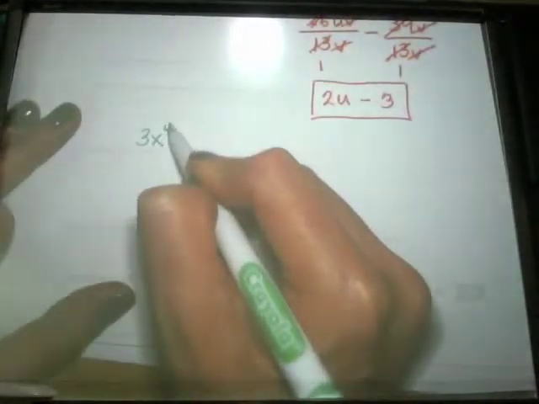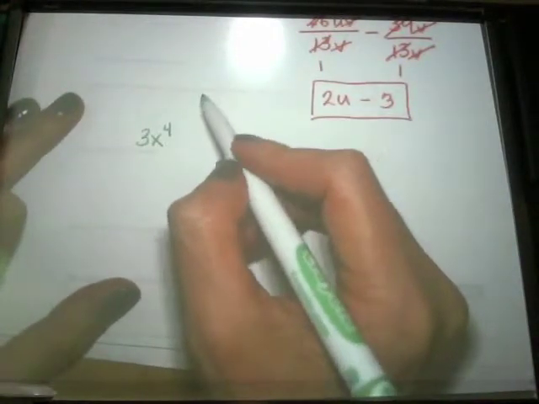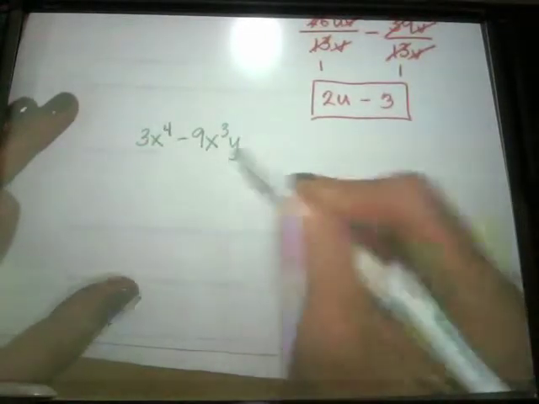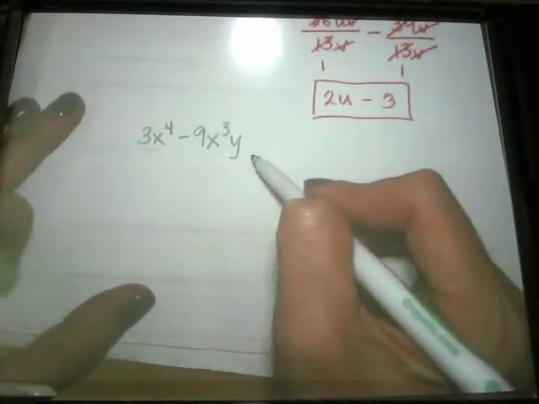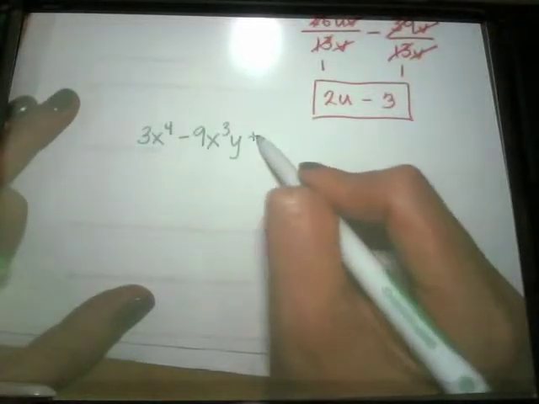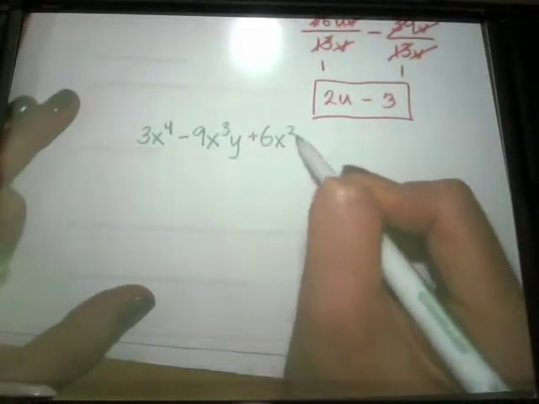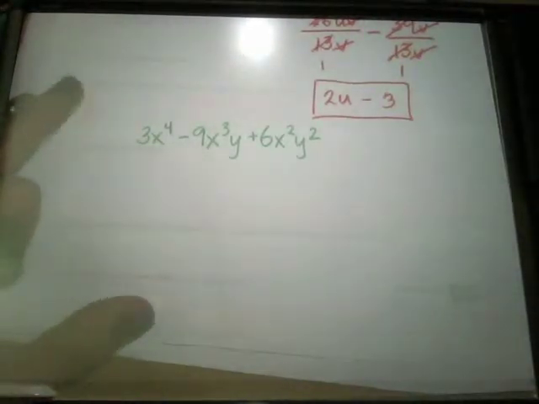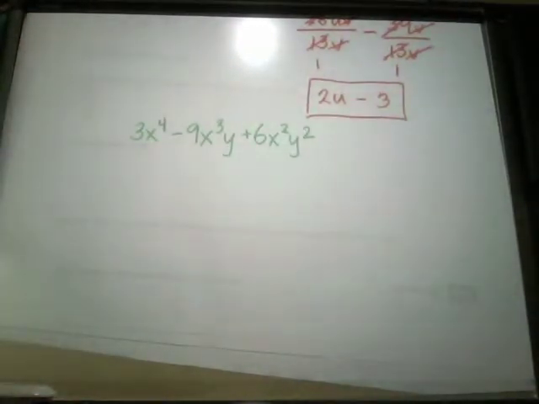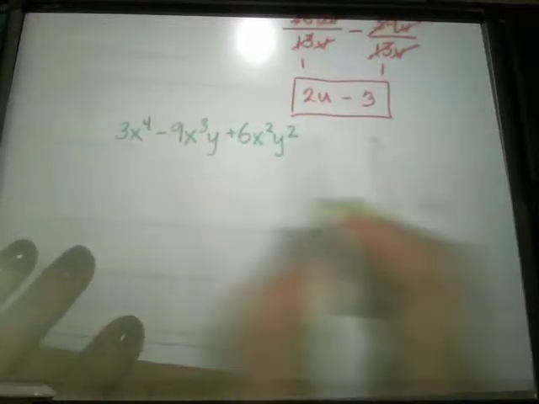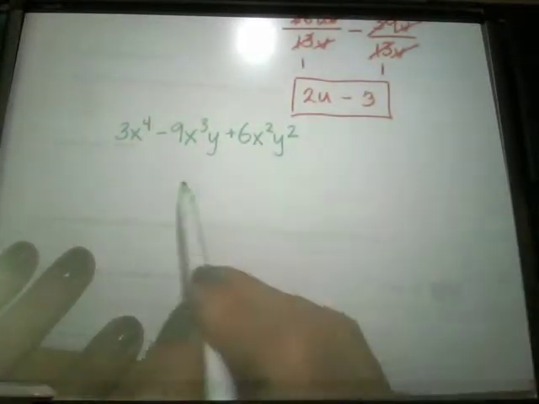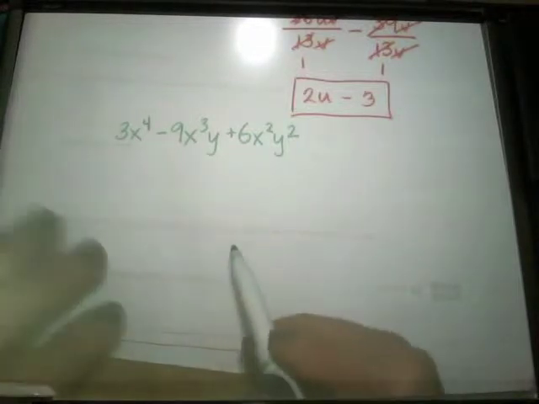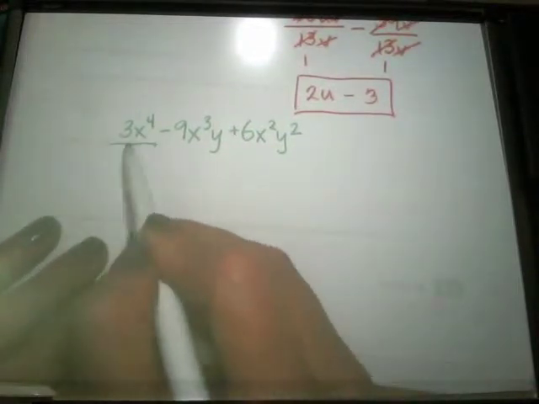This one, 3x to the 4th minus 9x cubed y plus 6x squared y squared. Now, in order to save some time with your writing, I'm going to show you on this one. It is written the same way with a division bar all the way across and one denominator. Rather than us writing that and then having to rewrite it, let's just go ahead and show it breaking it apart.